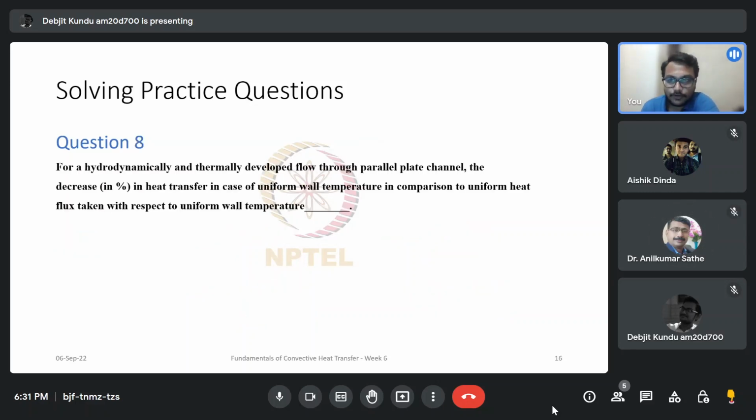Moving on, we move on to question number 8 of today's session. For a hydrodynamically and thermally developed flow through a parallel plate channel, the decrease in heat transfer in case of uniform wall temperature in comparison to uniform heat flux, taken with respect to uniform wall temperature, is how much?